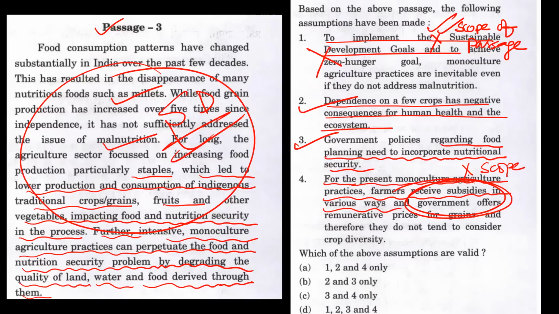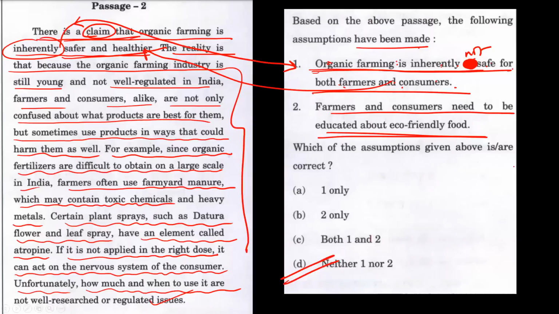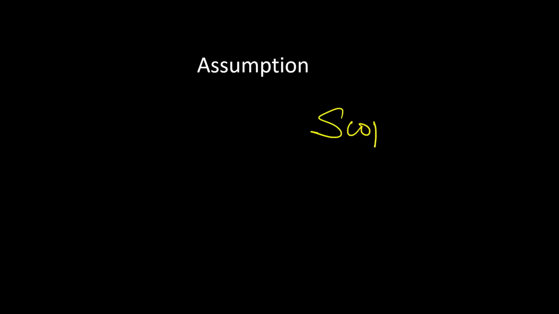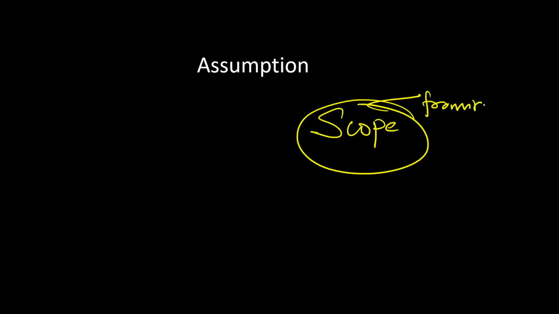So, guys, what are the two tricks we have learned here? One trick is that UPSC is using scope in framing options to confuse you.